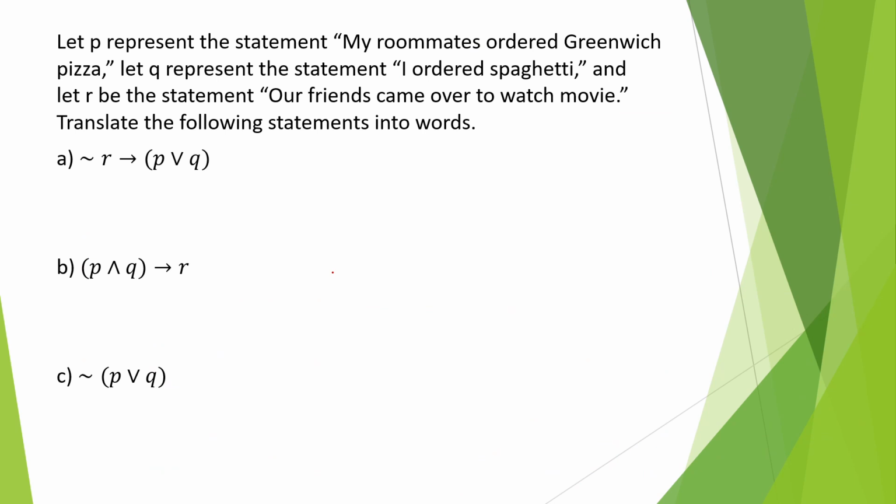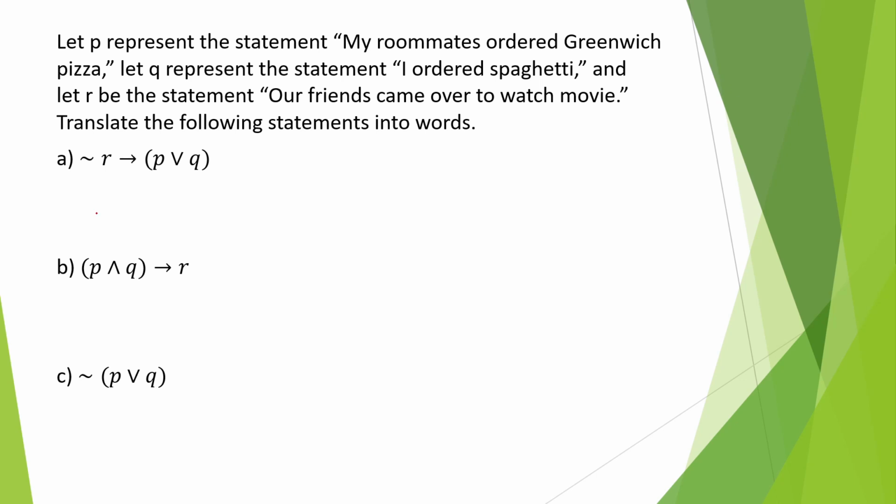Okay, so let us have another example. Let P represent the statement my roommates ordered Greenwich pizza. Let Q represent the statement I ordered spaghetti. And let R be the statement our friends came over to watch movie. So we need to translate the following symbolic statement into words.